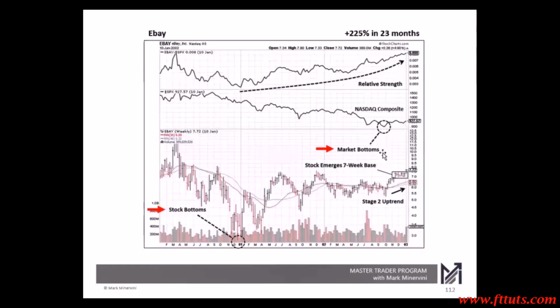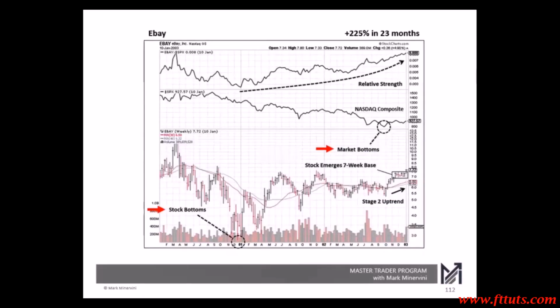And a lot of times, and this is something, Dave, maybe you could talk about, particularly in a correction, I know you like to look for those relative strength lines hitting new highs. Why do we want to look for those relative strength lines hitting new highs when we're in a bear market, Dave? Well, because those are the stocks that are outperforming the market and outperforming most stocks.